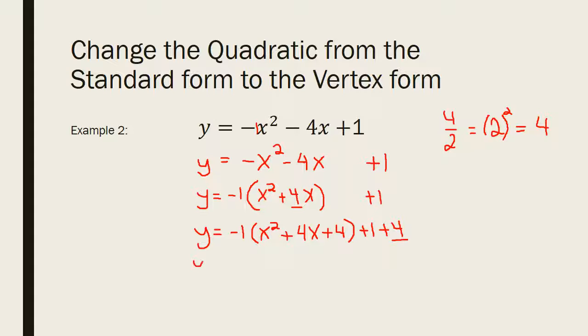So now I have a negative 1, and I can factor the trinomial, changing the standard form into the factored form, because x squared plus 4x plus 4 can be factored into x plus 2 times x plus 2.